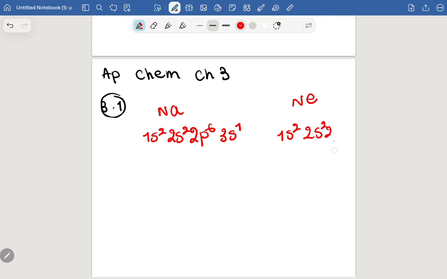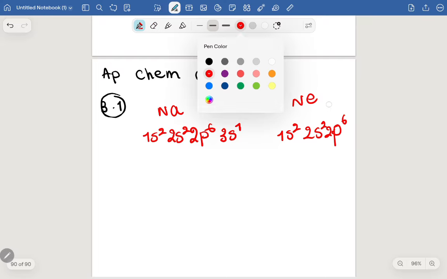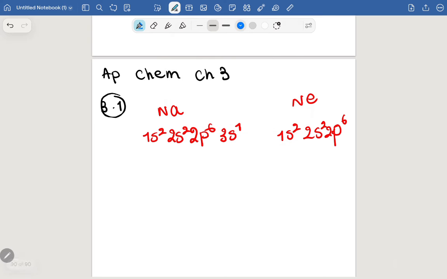Now, what do you notice? What is the difference between sodium and neon, other than that they have different configurations? We notice that neon completes a full valence shell, meaning it completes a full energy level.